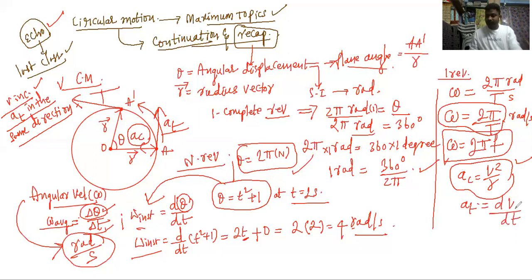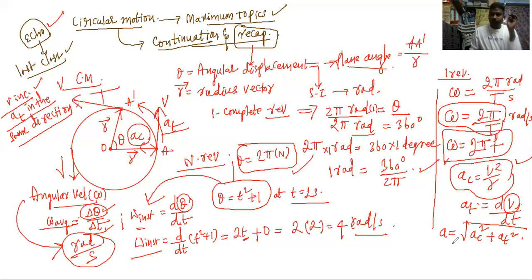This velocity is called the linear velocity, the velocity at that instant. So the resultant acceleration at any instant when a particle is moving in circular motion is the square root of a_c square plus a_t square.